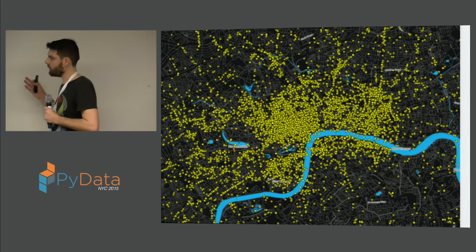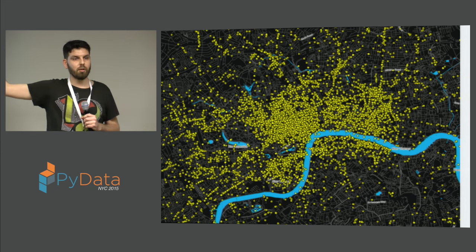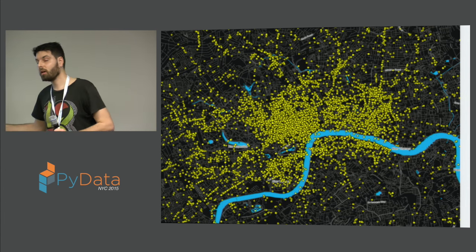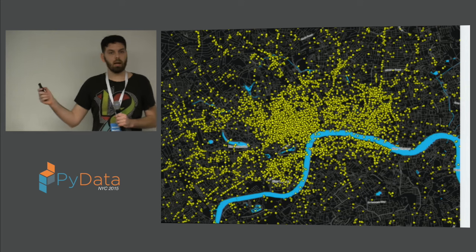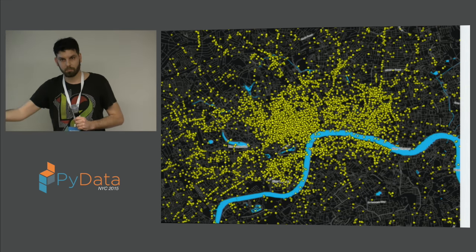Though this is London, each yellow dot is a Foursquare place, and we saw a sample of them. What we will be studying in the first part of the talk is essentially a network of places. As users move from one place to another, they effectively connect them.